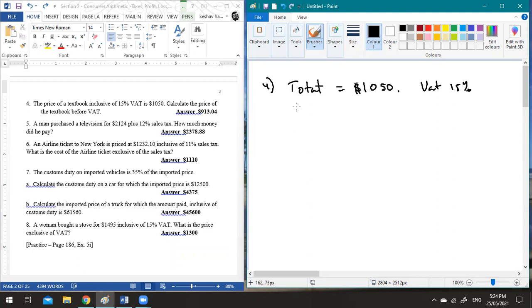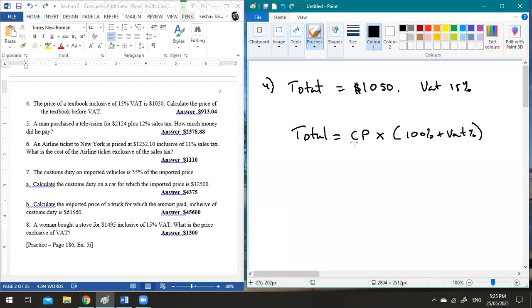So they want the cost price, but we know the total amount. So the total amount after tax is equal to the cost price multiplied by 100% plus the VAT percentage.